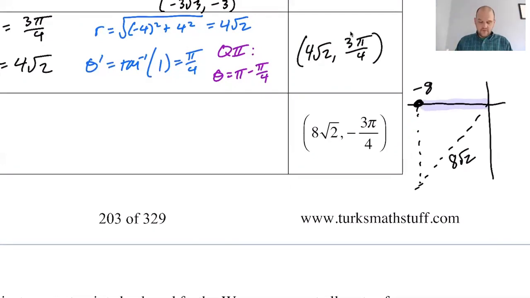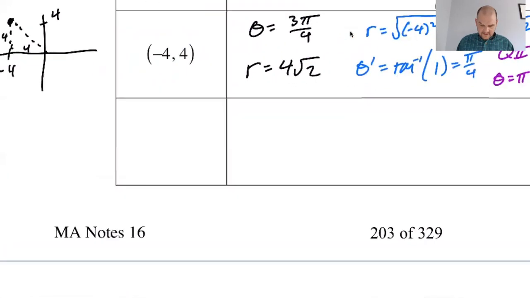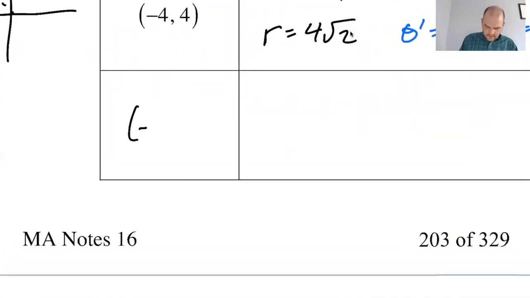And then this distance is also 8. That's how you get 8 root 2. But the y coordinate will be negative 8. So I'm just going to put that down: negative 8, negative 8, by using 45, 45, 90 triangles, basically.